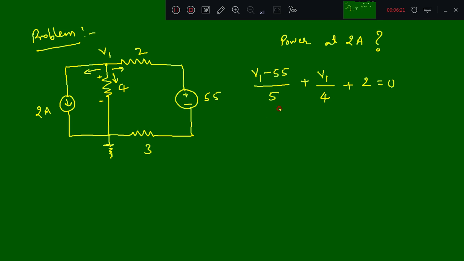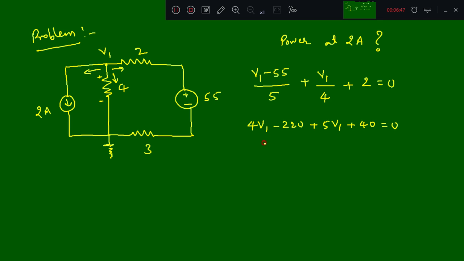If I simplify, this is 4V1 minus 220 plus 5V1 plus 40 is equal to 0.